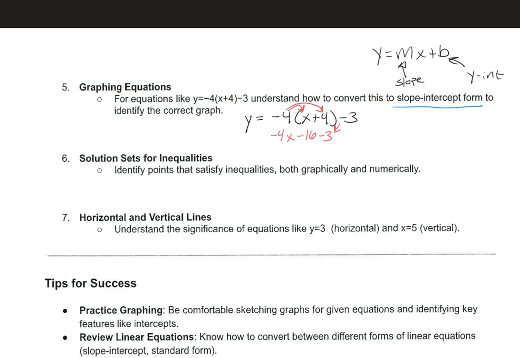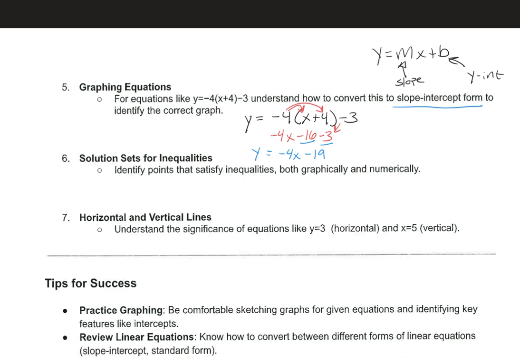Now, I'm going to combine any like terms that I have, and I have a constant here and a constant here. Since there's no variable connected to the 16 or the 3, I can combine those two. So -16 minus 3 is going to give me -19, and just bring the rest of the information down.